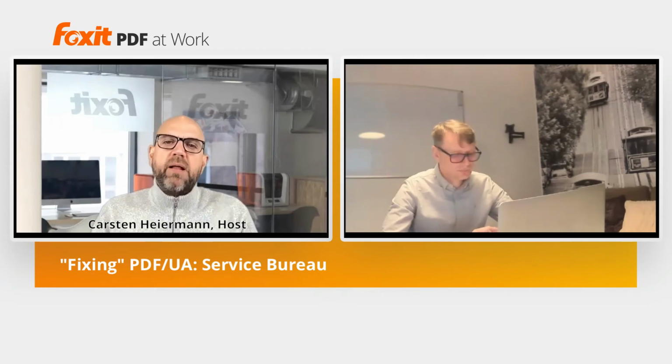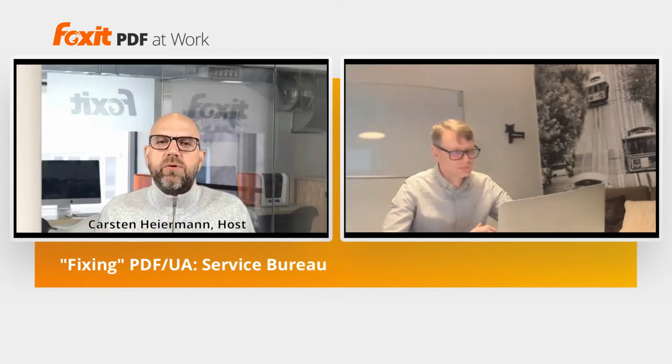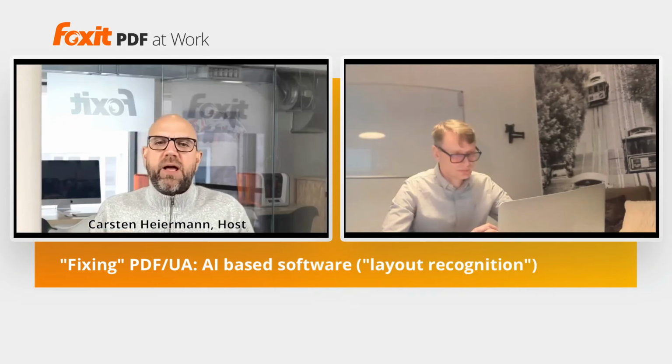Another example is an image. To make it accessible, you need an alternative text, right? If you haven't added it in the very beginning, then it's obviously very difficult for a machine to say that at this point there is an image that shows this and this. There is some software for that.